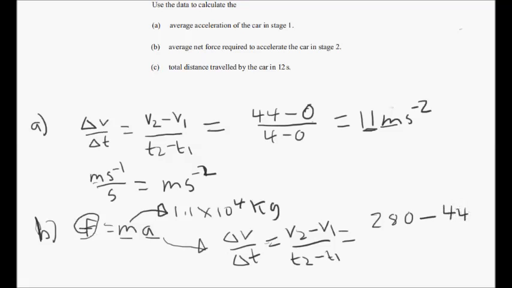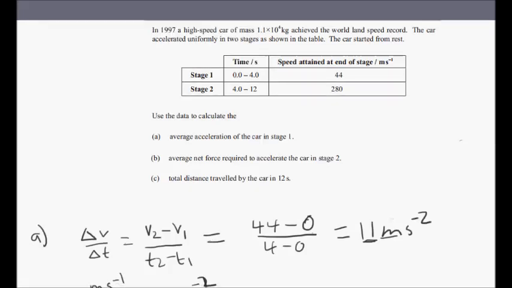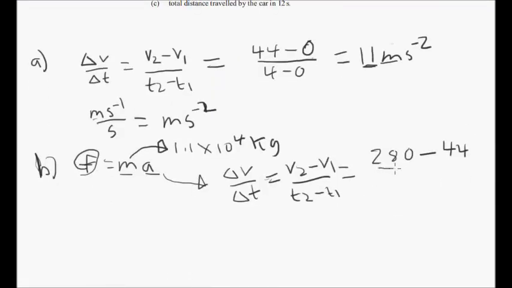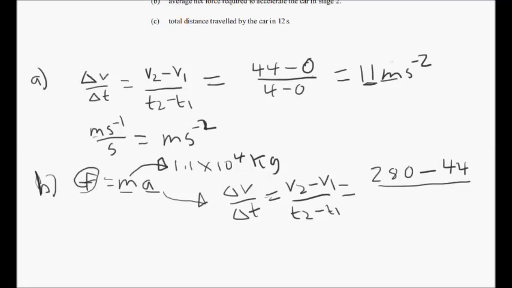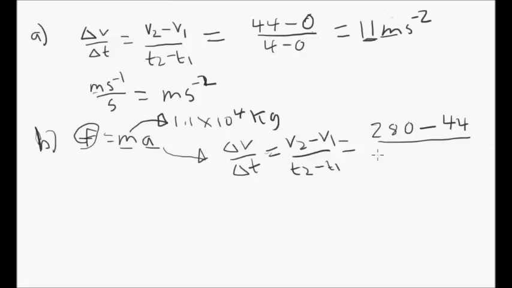Well, 44 comes from the information given here, because at stage 2 the initial velocity is 44. So moving on, our final time, which is the end time, given right here, is 12 seconds, and the initial time for stage 2 is 4 seconds. So it will be 12 minus 4.